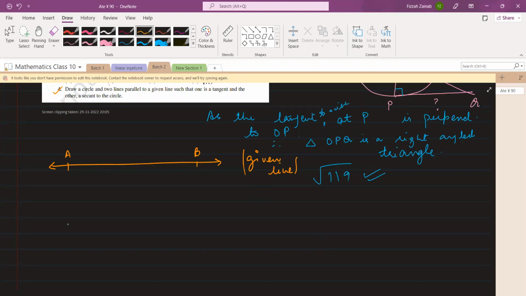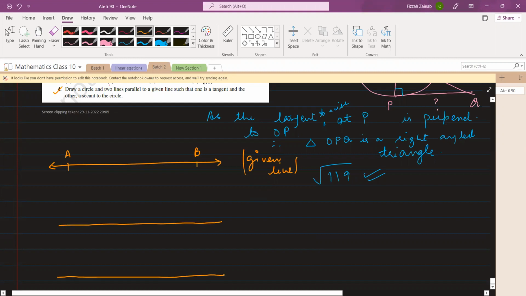First, you draw any two parallel lines. Let's say this is the line CD, and this is the line EF. I have drawn it so that AB is perpendicular to CD and also perpendicular to EF.